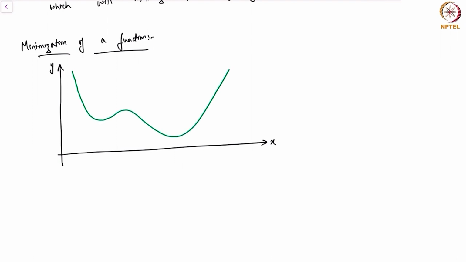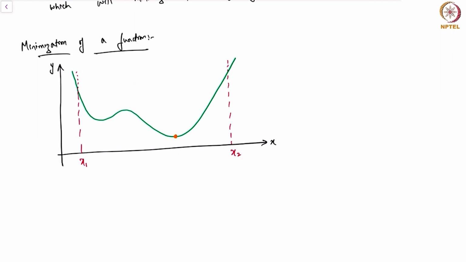If I were to graphically represent a function, let's say this is x and y, I have an arbitrary function as follows. Minimization would involve finding a point like this. Let's say the question we want to ask is, find the minima of this function between the interval x1 to x2.